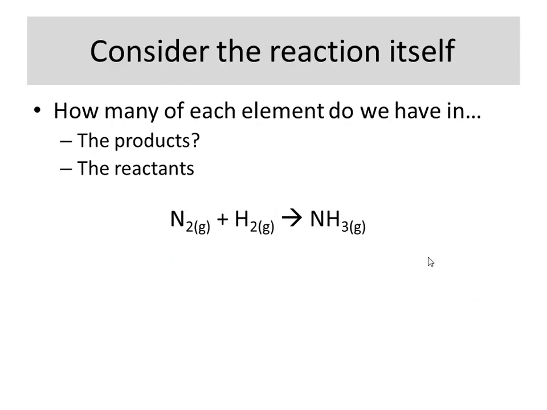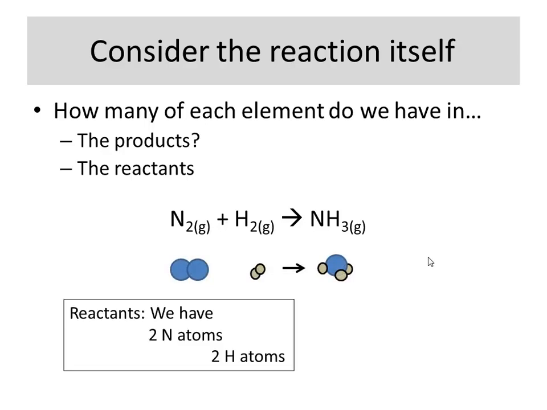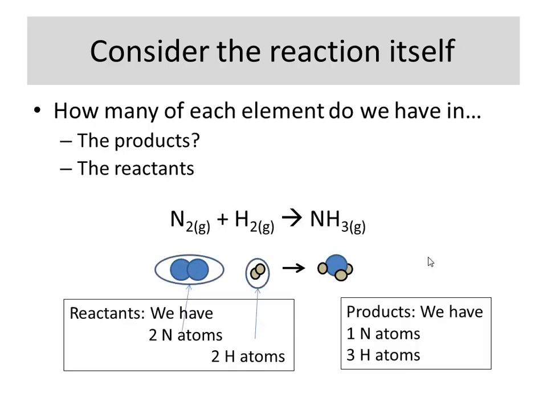So, how many of each atom? In our reactant side, we have 2 nitrogen atoms and 2 hydrogen atoms. In our products, we have 1 nitrogen atom and 3 hydrogen atoms.